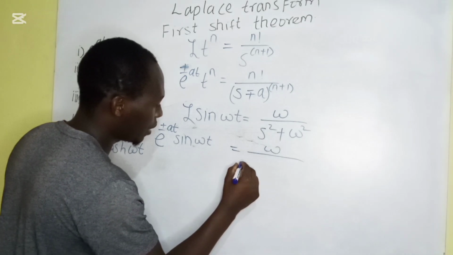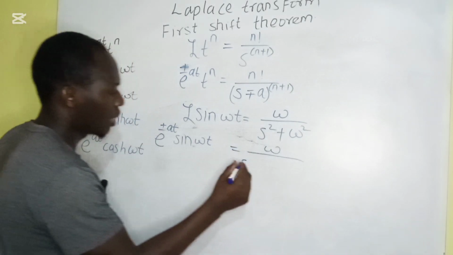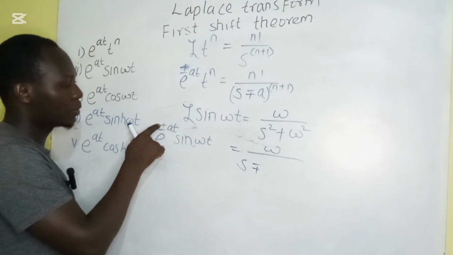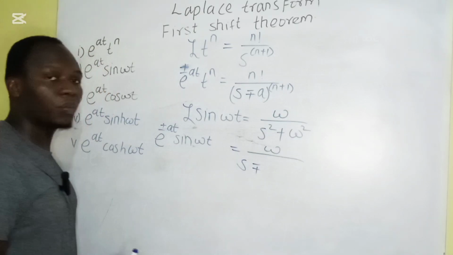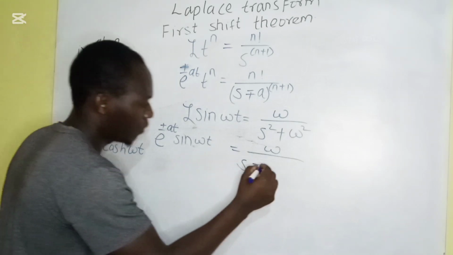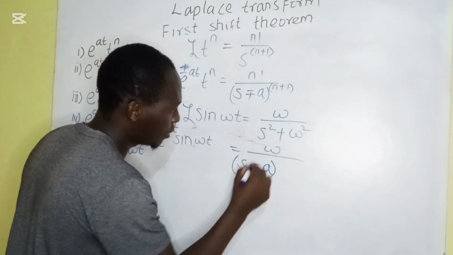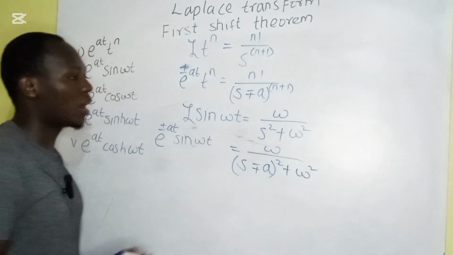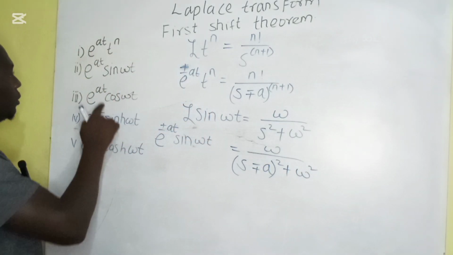On the denominator we are going to have s, a negative or a positive. To mean when you take here to be a positive, our sign must be a negative. It must be shifted with respect to a negative of a. Everything squared plus our angle squared.